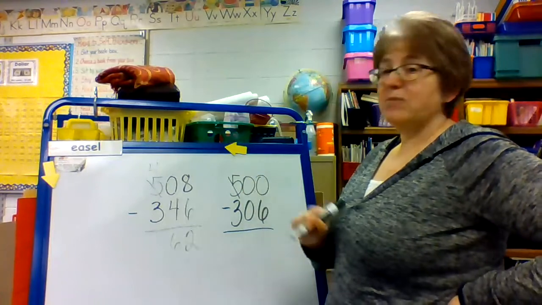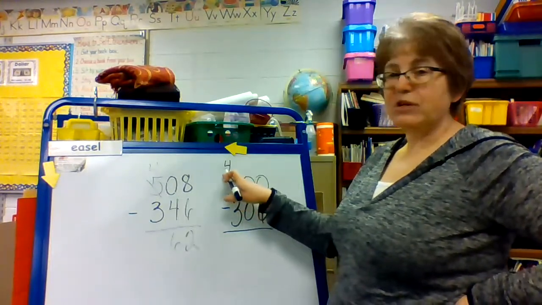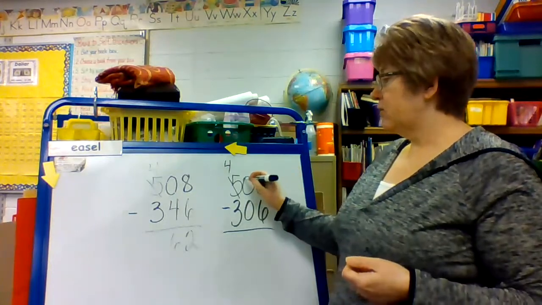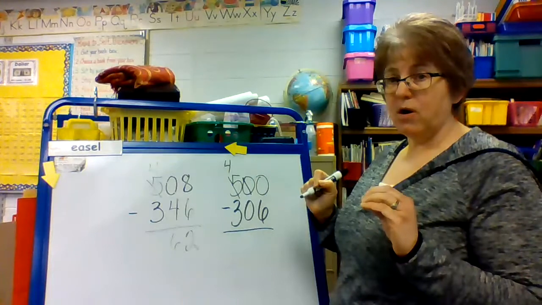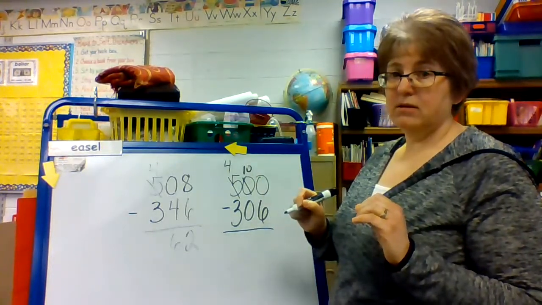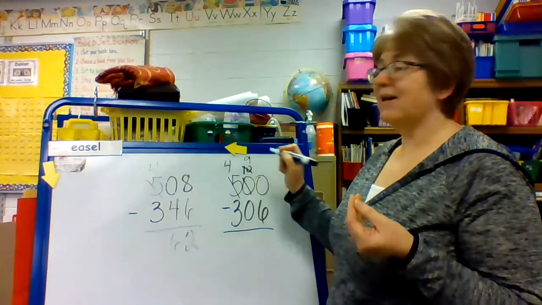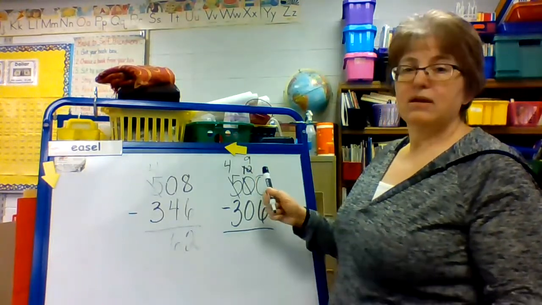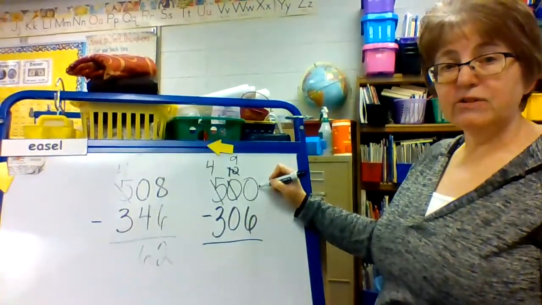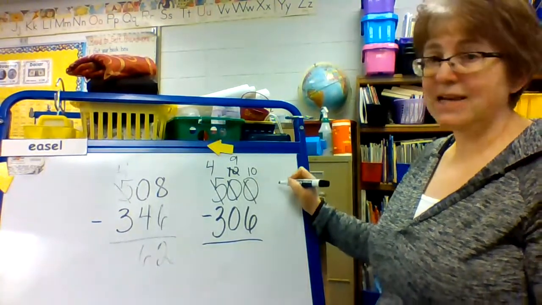So my 5 becomes a 4. I'm going to take that 100, trade it for 10 tens, put my 10 tens with the 0, and that gives me 10. Now I can take a 10 away, and that becomes a 9. And then I give those 10 ones to the 0, and that becomes a 10.